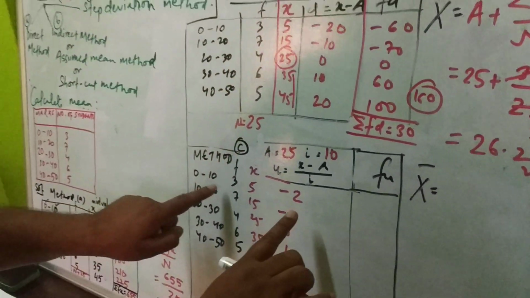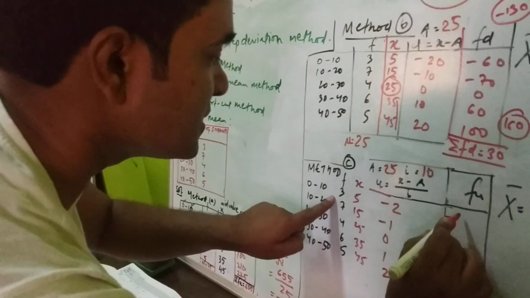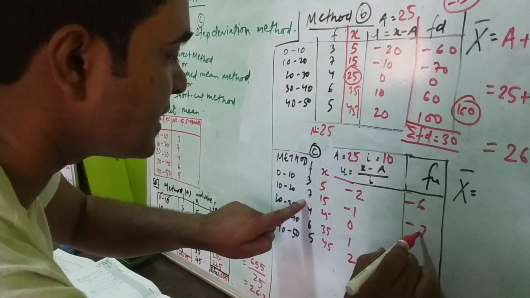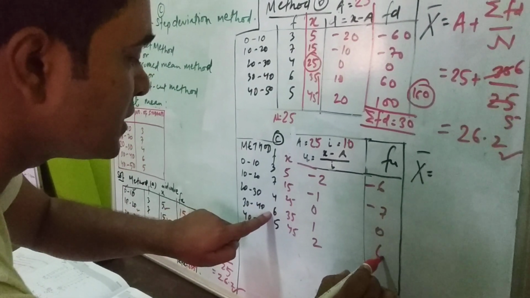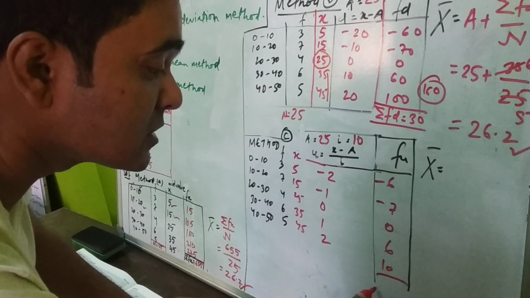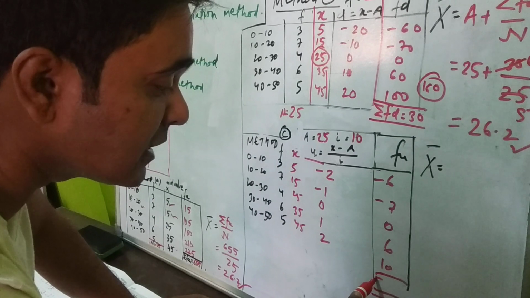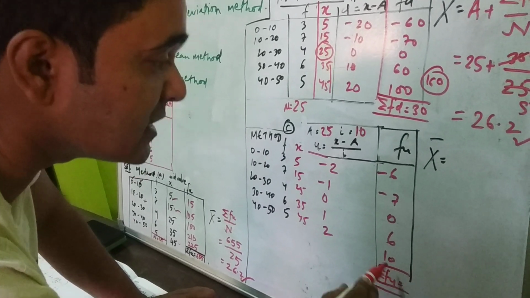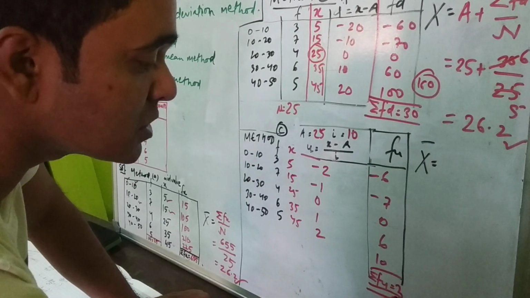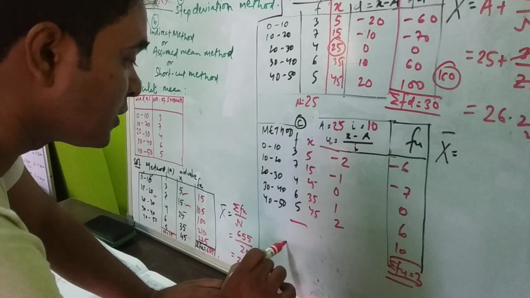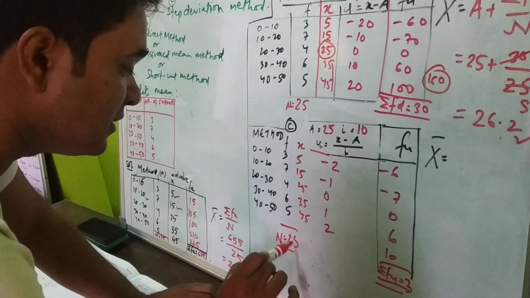Now let's find the product of f and u. So this is minus 6, minus 7, 0, 6 1s are 6, 5 2s are 10. The summation of this, I'll get sigma fu, that is 16 minus 13, which is 3. And here the summation of frequency, we know by now, is 25.